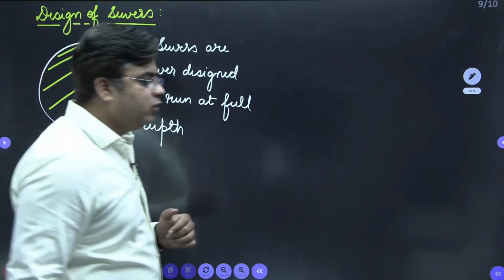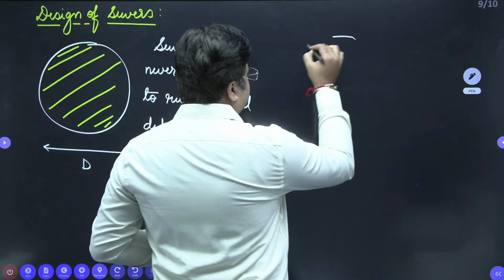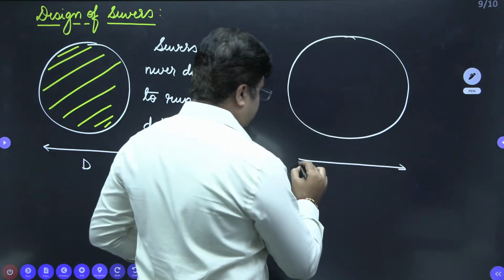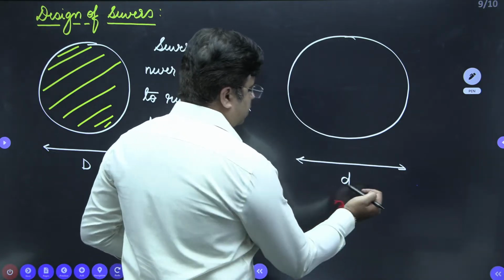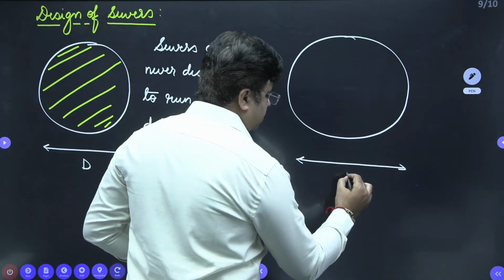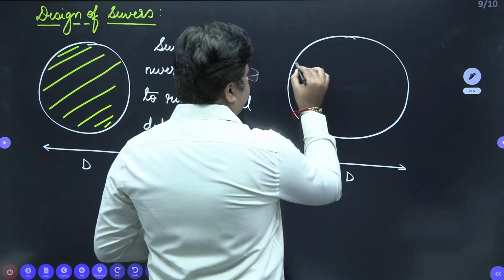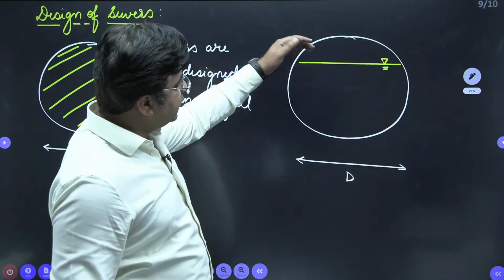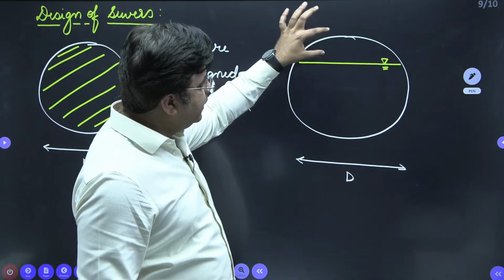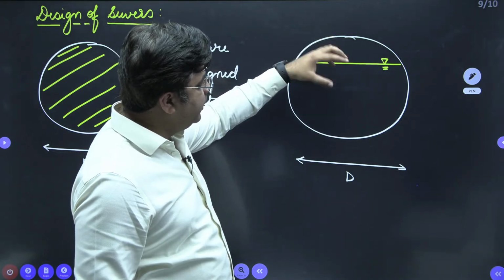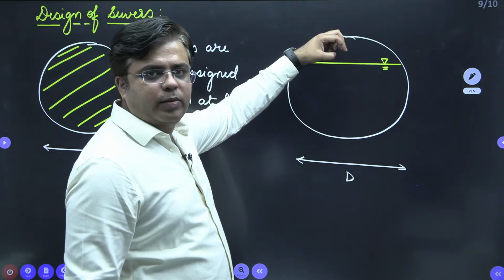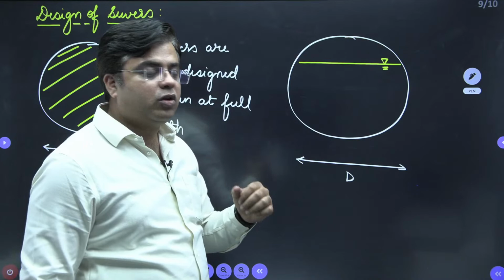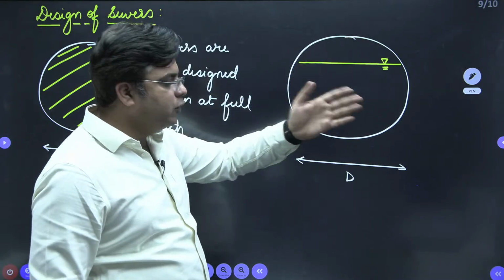Which kind of design will we do? This is my sewer. The size of the sewer is capital D. This will be the surface of the wastewater, right? Above this surface, we leave some space for the accumulation of all the anaerobic gases, so that they can flow along the wastewater and not cause congestion while the wastewater is flowing inside the sewer.